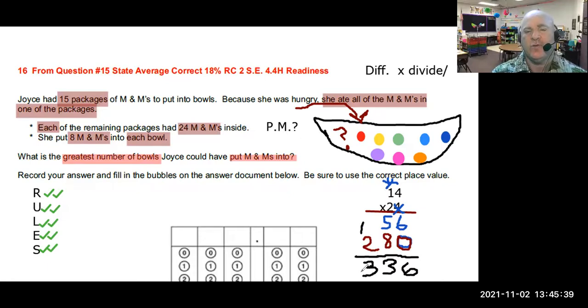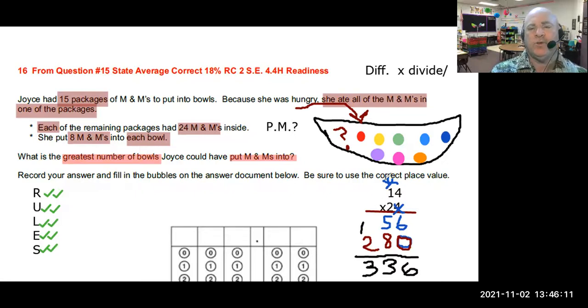Okay, so 336. Okay, and so because we're separating 336 M&Ms into bowls, greatest number means how many bowls, since M&Ms and bowls are different, we're still having to multiply or divide, but because we're now separating the M&Ms, we have to remember that we're going to be dividing this time.